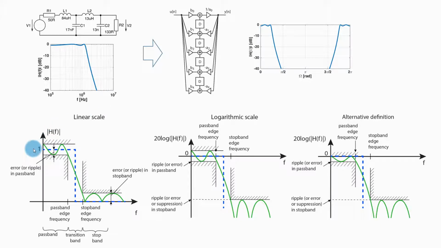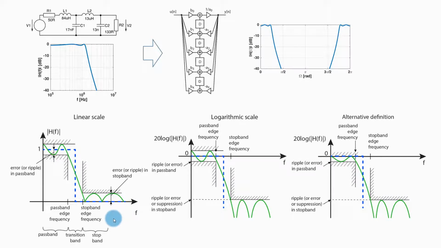What do I mean? Ideally, you often want this brick wall frequency characteristic where everything up to some frequency is passed and everything higher than some frequency is suppressed. However, this ideal brick wall frequency characteristic cannot be implemented with a real-world filter.